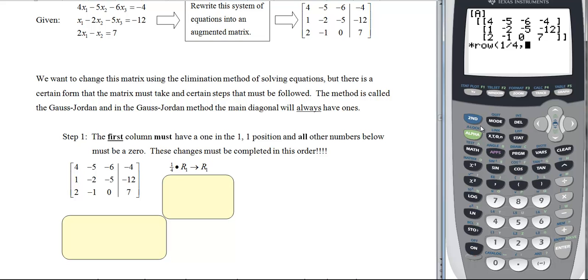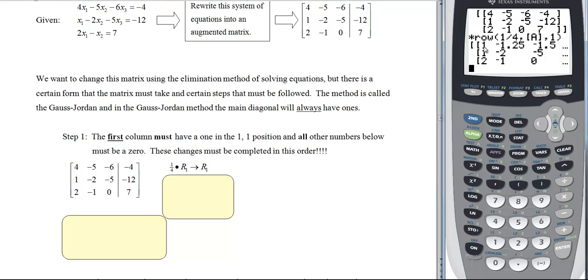I've got to tell it the matrix, so second x to the negative 1, or x inverse. I need A, comma, and I want it for the first row.